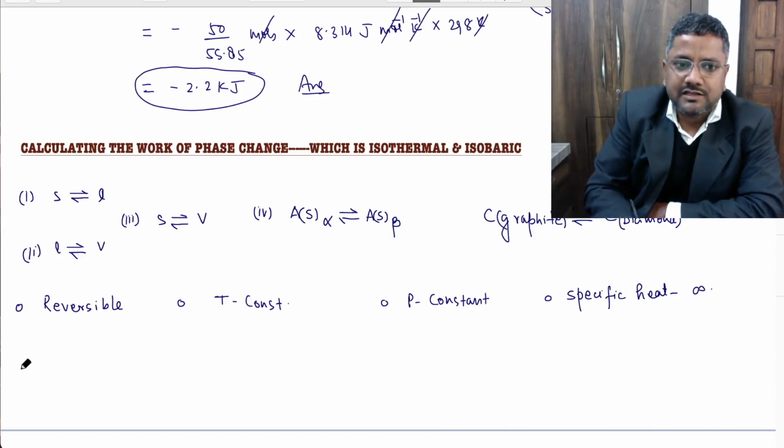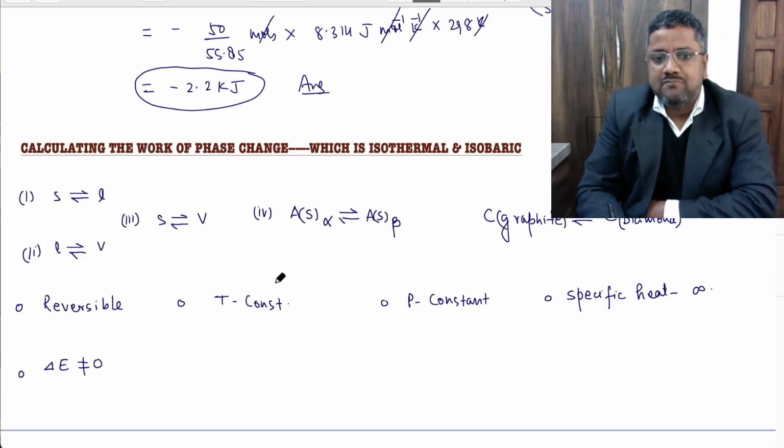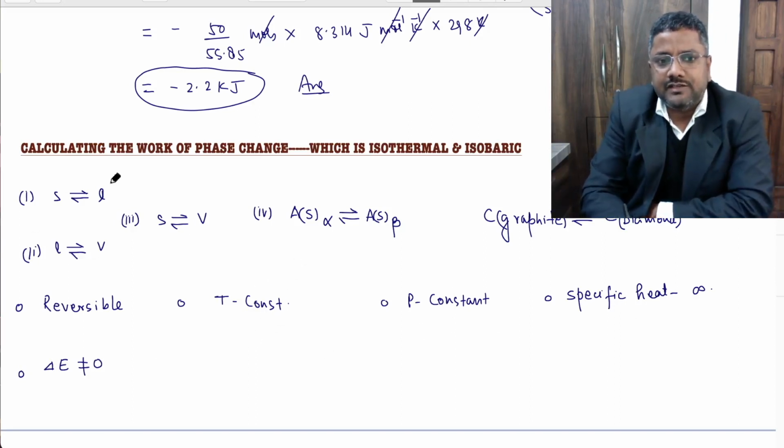And T is constant, but delta E is not equal to 0. Meaning in phase change, temperature is constant, but there is some change in internal energy, when one phase is converted to another phase. That's why I told you in the beginning that this is a very special case, and everybody should focus here.